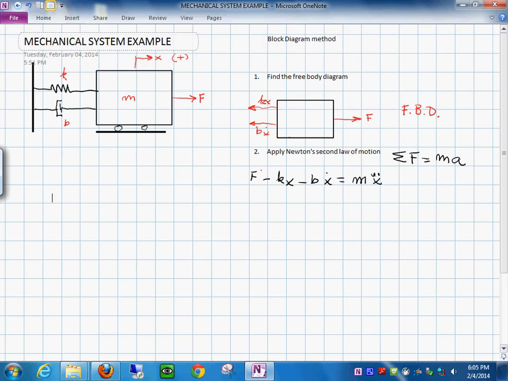Step number 3 is to convert the differential equation into a descriptive diagram, a block diagram.